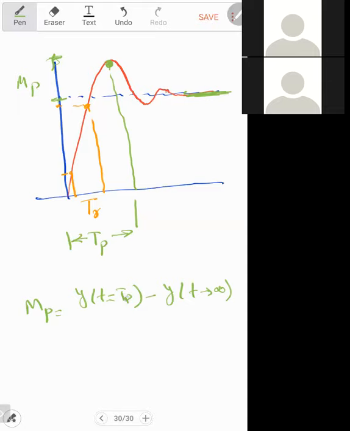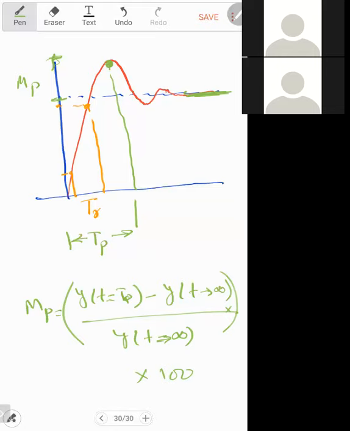And if you want to find the percentage, then you can divide this by y at infinity and multiply by 100. So this whole function multiplied by 100 will give you the percent overshoot.